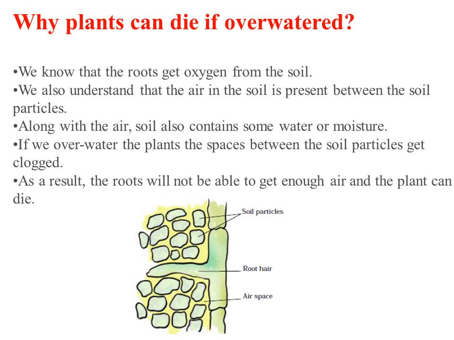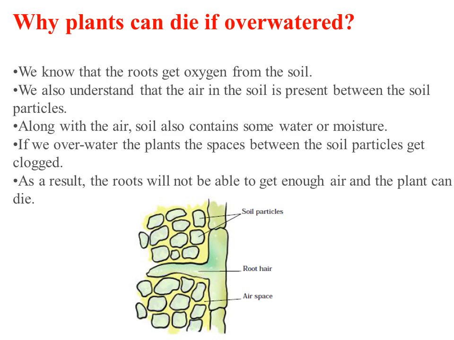So along with the air, soil also contains some water or moisture, and if we overwater the plant, the spaces between the soil particles get clogged. Can you imagine that? In normal condition, there is a space between soil particles.